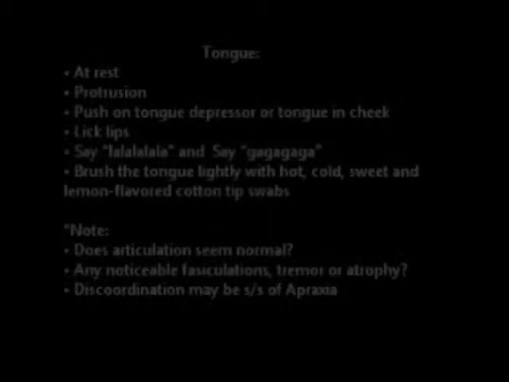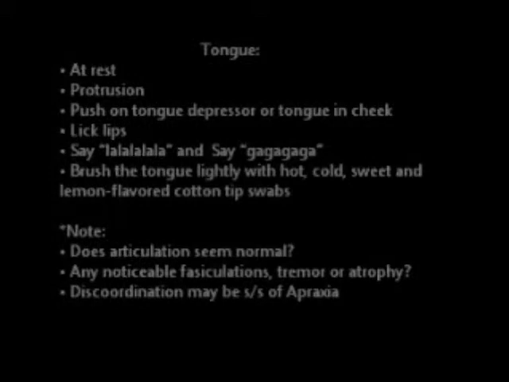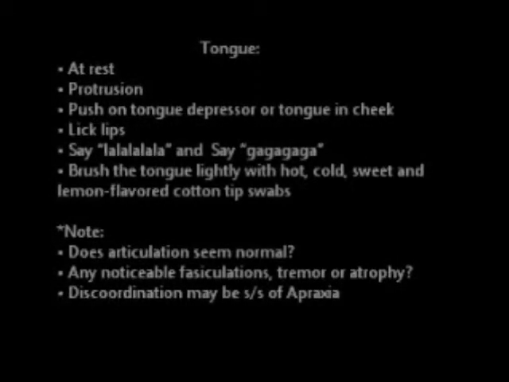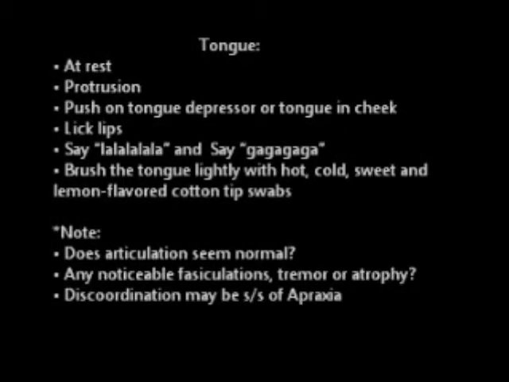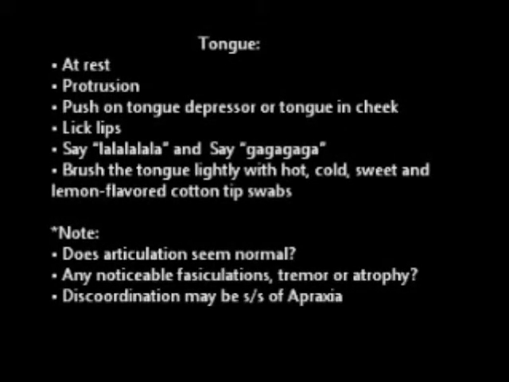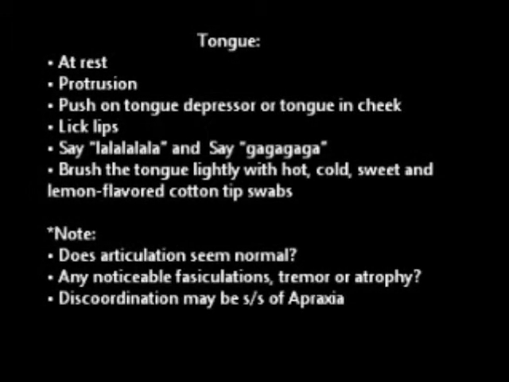Assess the patient's tongue at rest during protrusion. Assess strength by having them push on a tongue depressor or putting their tongue in their cheek. Have them lick their lips. Assess coordination of the front of the tongue by having them imitate la la la la la, and the back of the tongue with ga ga ga ga ga.